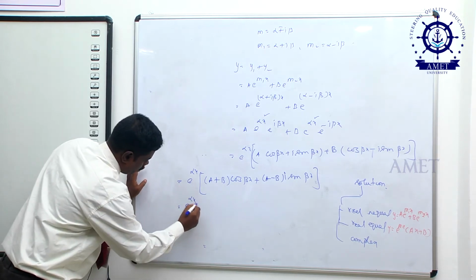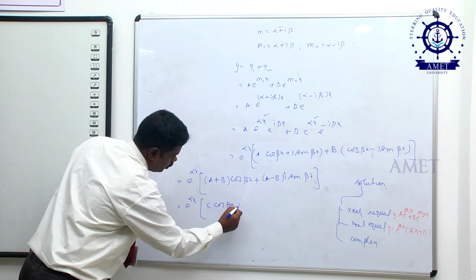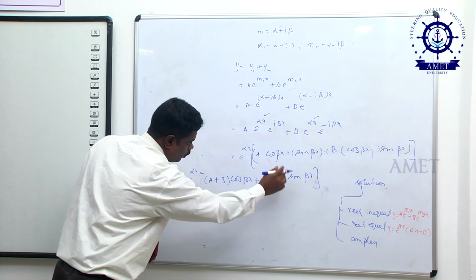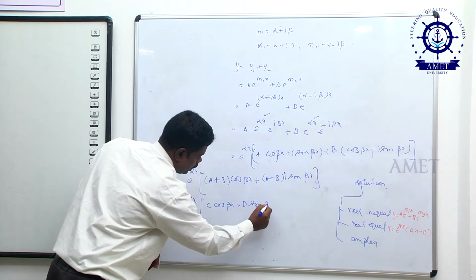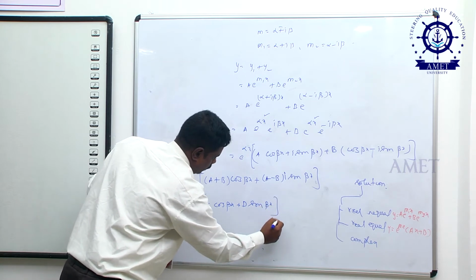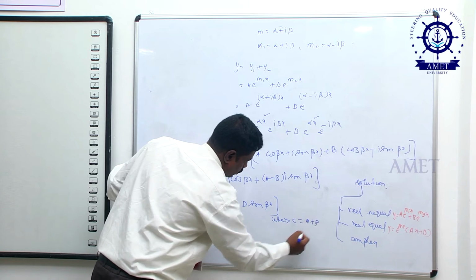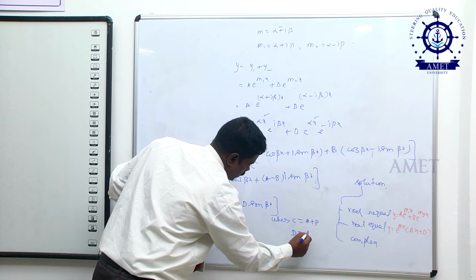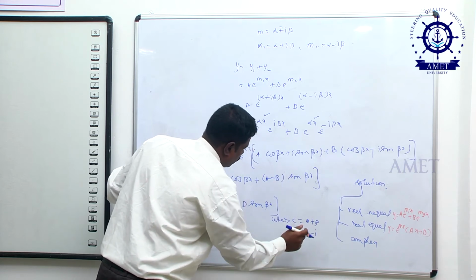So e power alpha x into c cos beta x plus d sin beta x, where c equals a plus b and d equals a minus b.